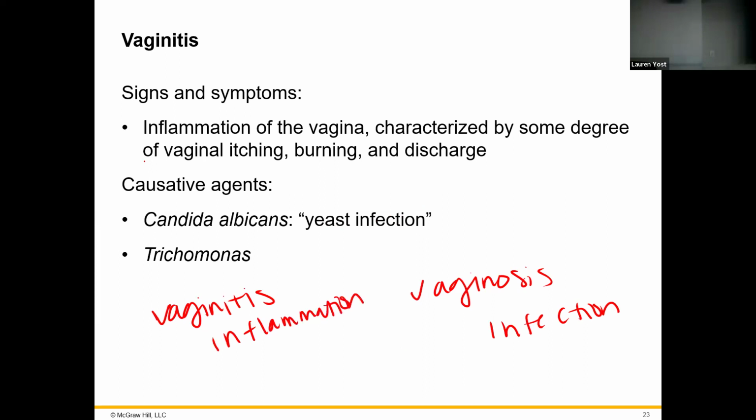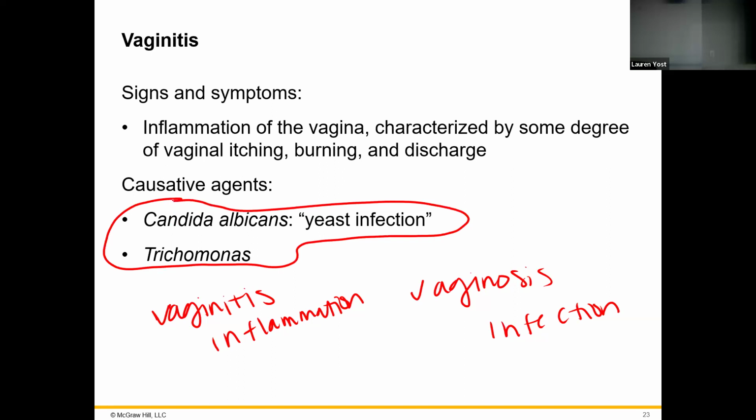Pretty much when we're talking about vaginitis, we're talking about true inflammation of the vagina, not the tissue outside of it, not any other organs, just the vagina. None of the other diseases that we're going to talk about actually cause vaginitis. They can cause pelvic inflammatory disease, they can cause inflammation of your fallopian tubes and all sorts of stuff, but not the vagina.